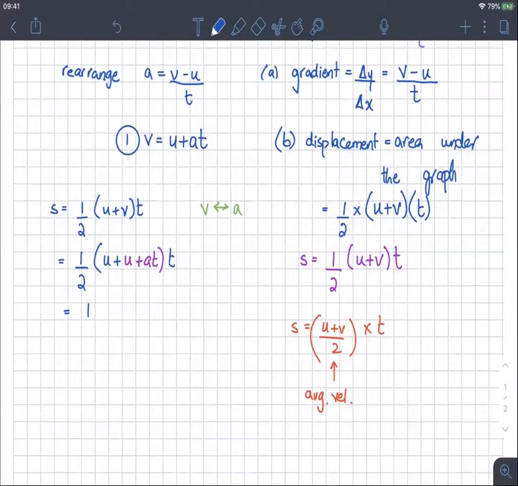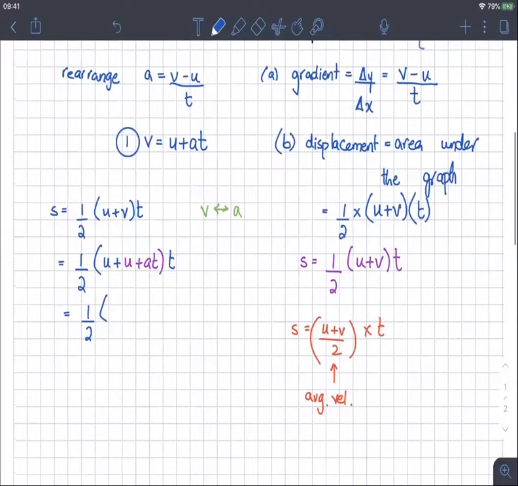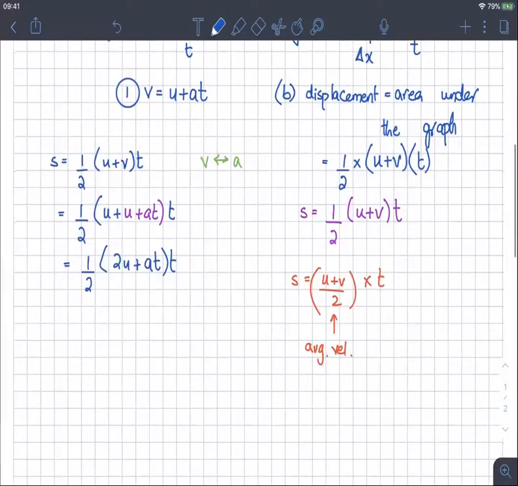The rest is just simple algebra. You get 1 over 2 times 2u plus at, times t, which is ut plus 1 over 2 at squared. And on the left, we just have s. So there you go.